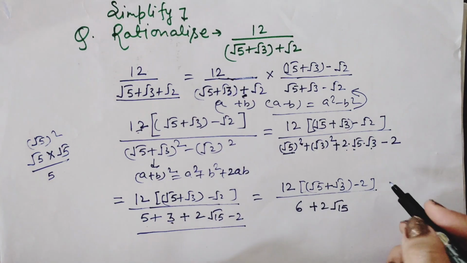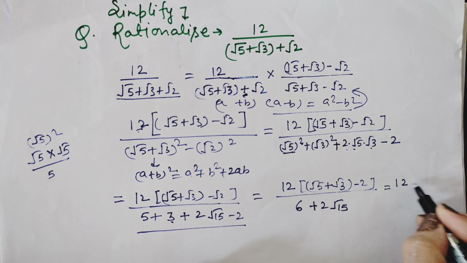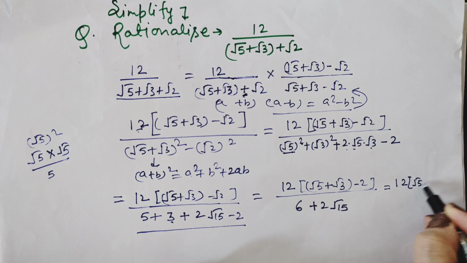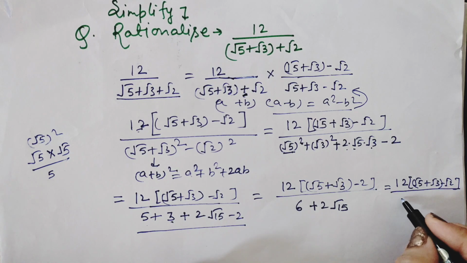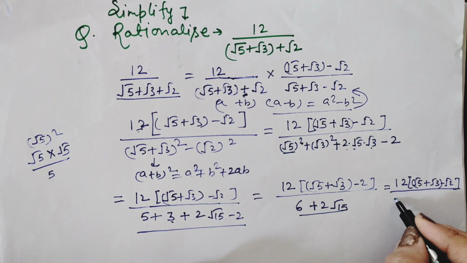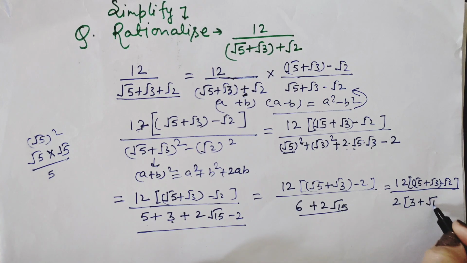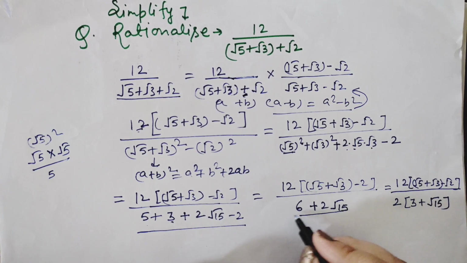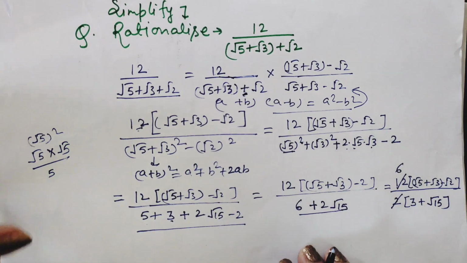Okay. Now after that this denominator we will write again the same, and here you can see 2 is common. So 2 times 3 is 6, root 15. We will take the 2 common, so it will cancel out 6 times.